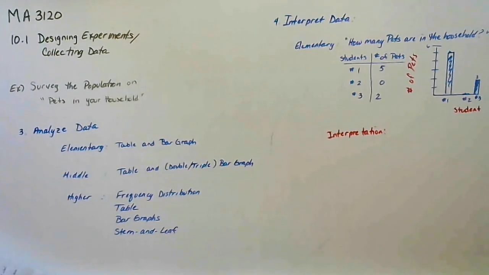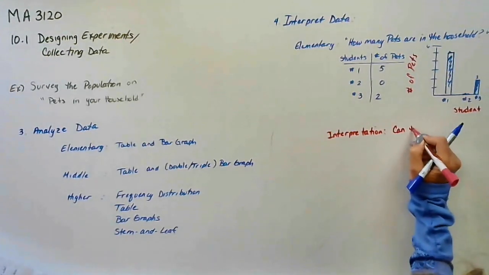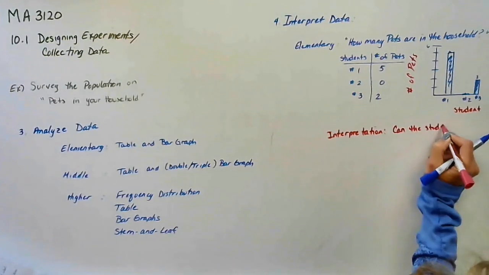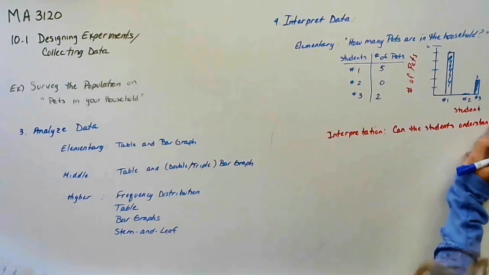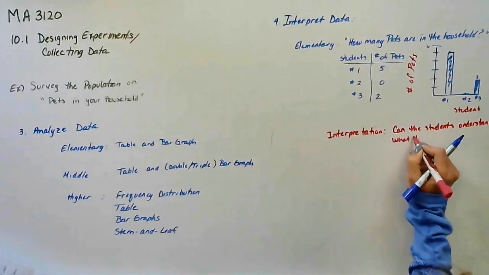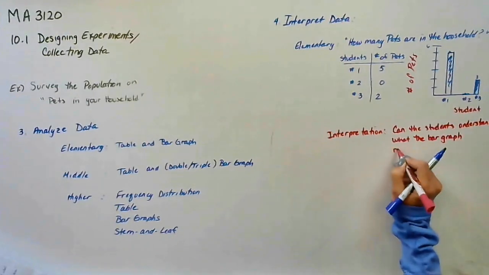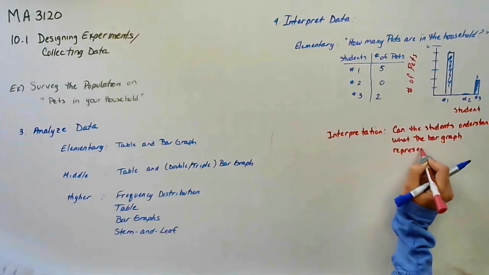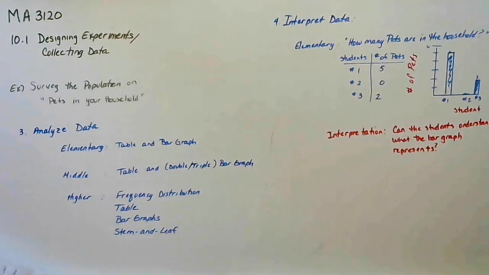Well, basically the idea is, can the students understand what the bar graph represents? And we just already talked about it. Hopefully they start recognizing, oh, the higher the bar graph is, the bigger the number. That starts eventually leading us into graphing and just understanding the difference in greater versus less.